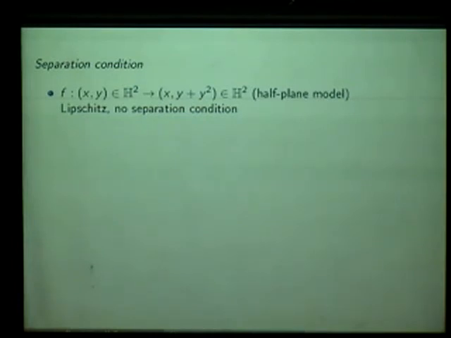Let's consider, now I work in the half-plane model for the hyperbolic plane, the map which reads as follows. You can easily prove that it's Lipschitz, and it does not satisfy any separation condition because I send two points here to two points there which are much closer than they were here. And the closer, the higher. Well, okay.